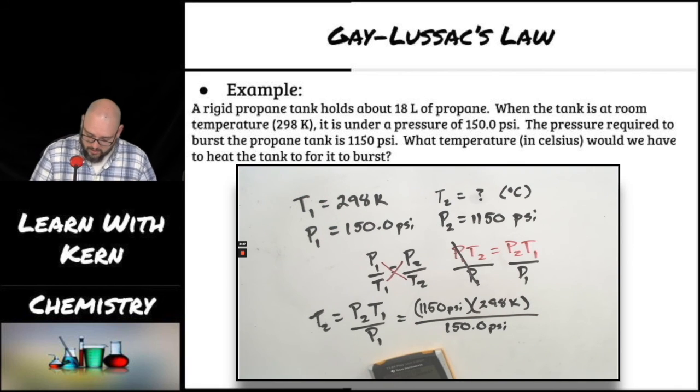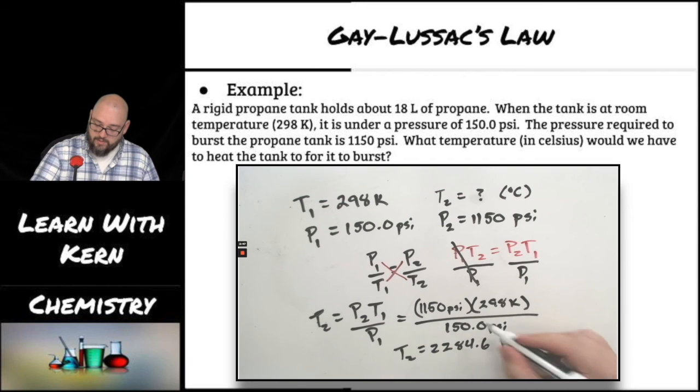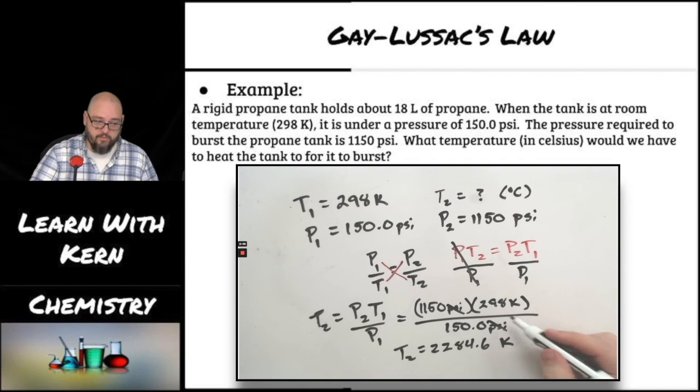I do 1150 times 298 divided by 150, and I get an answer of T2 is 2,284.6, and that's in kelvins because the psi are going to cancel and you're left with kelvins.